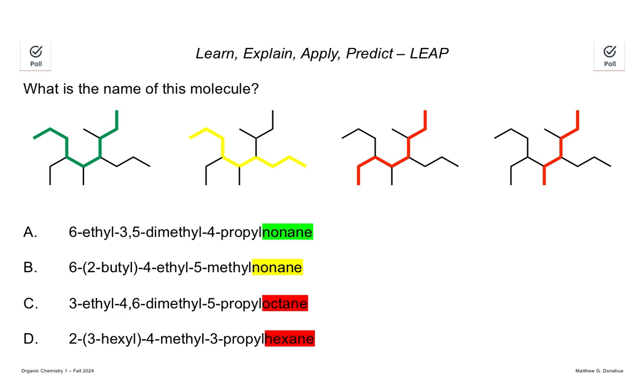So the correct answer is A, where all of these substituents, ethyl, dimethyl, propyl, they get the smallest number they can. That's one of the rules. The location of those substituents has to get the smallest number it can, and you determine that by numbering the chain both ways. And then once you do that, you say, okay, this one abides by that rule.